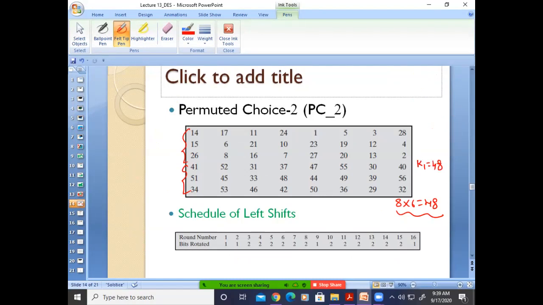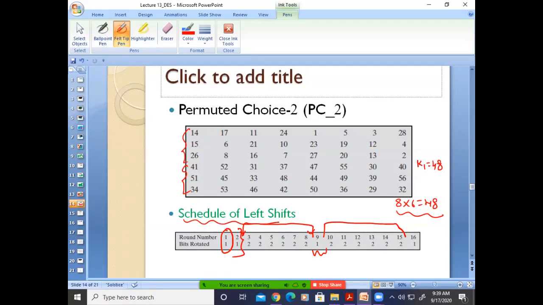Now see how many bits are rotated. For round number 1 only 1 bit is rotated, round number 2 only 1 bit is rotated, but for round numbers 3 to 8, 2 bits are rotated. Then round number 9, 1 bit. Next, rounds 10 to 15, 2 bits are rotated, to generate different possible keys, so many variations.